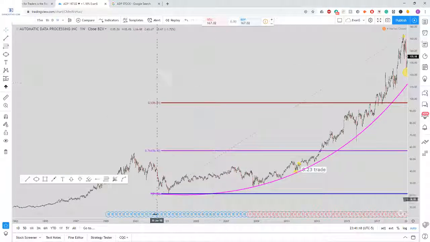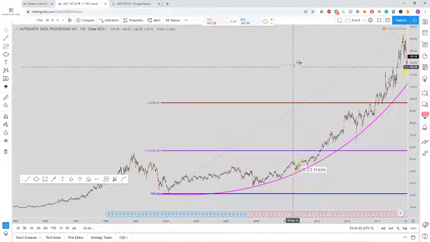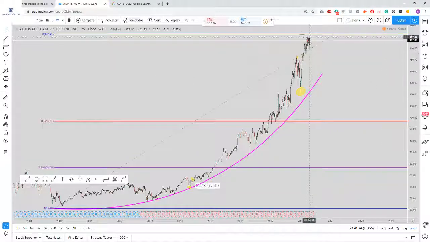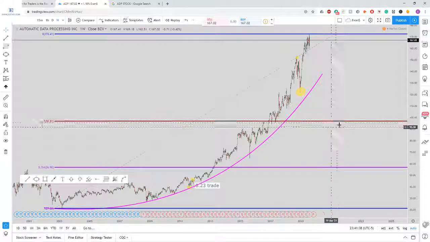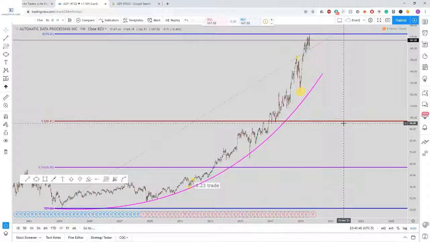Then for the bottom mark I use just this low down here around $21, $22 or so. So say this was the high up here, parabolic curve gets broken, high up here at 172.21. So the first target we'd be looking for would be $96.81. Once it hits that, then we'll consider the main part of the parabolic curve being complete.